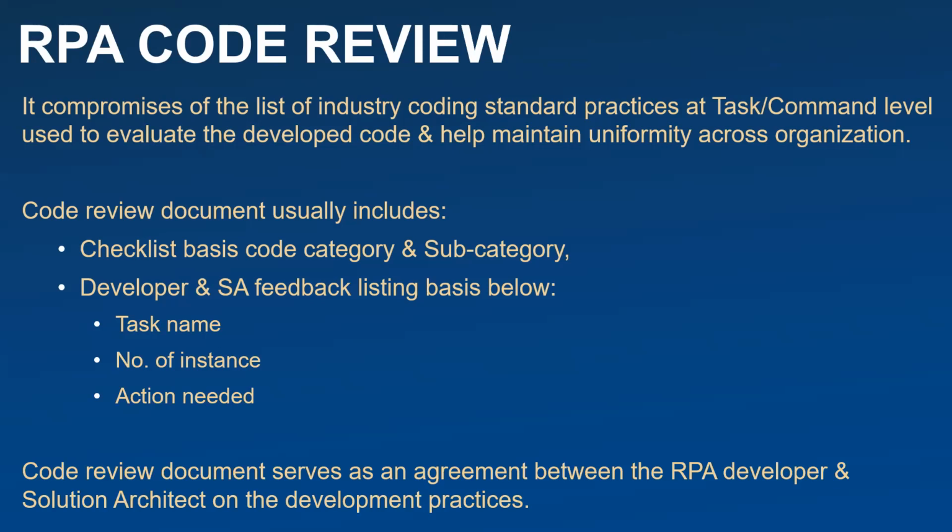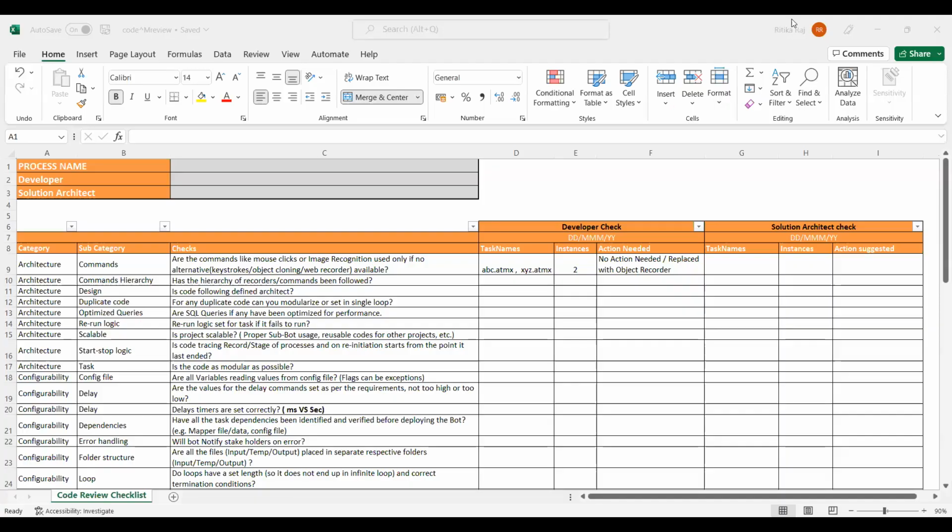So now let's have a look at how exactly this document looks, what the features are, and what the detailed level of the best practices or coding standards across the industry are. This is the document, and I'm referring to the standard document provided by Automation Anywhere for reference here.